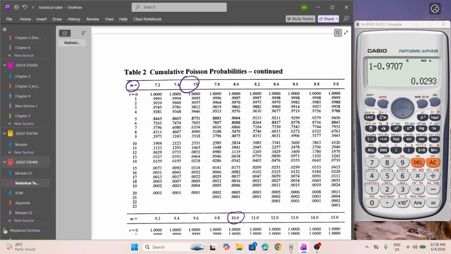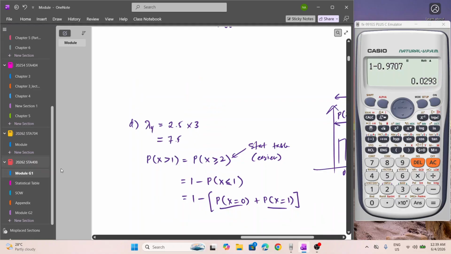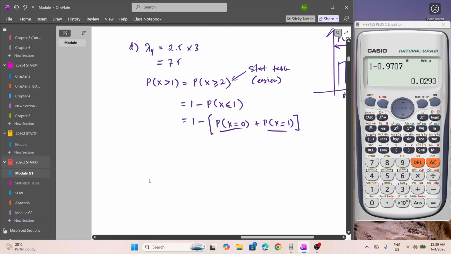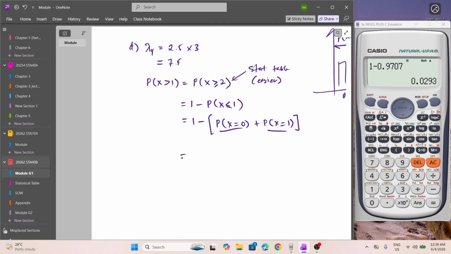You can use the values of 7.4 and 7.6 and find the middle value actually. That is by using the interpolation. Or you can also use the manual calculation. I think for this one we will use the manual calculation because I will not show you how to do the interpolation yet.